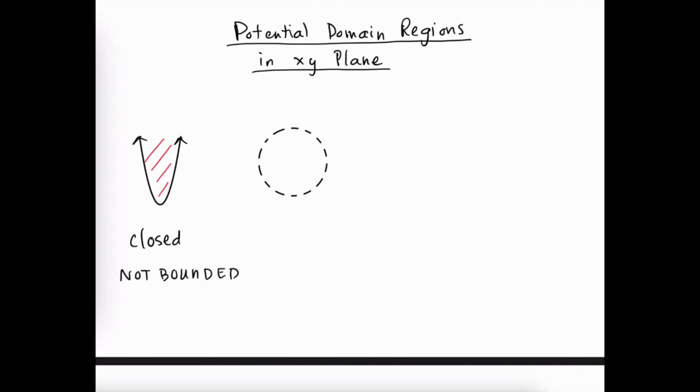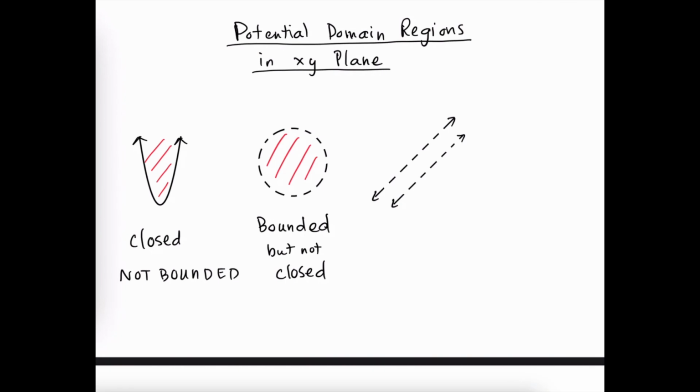We could have a domain region that's bounded, meaning that we wrap around all of the domain elements, but not be closed, because that outer curve is not solid. We could have a 2D domain region in the floor that's not bounded because the region is open at both ends here, but also not closed because the lines are dotted. The only region that can guarantee we have an absolute max and an absolute min would be a region that is both closed and bounded.